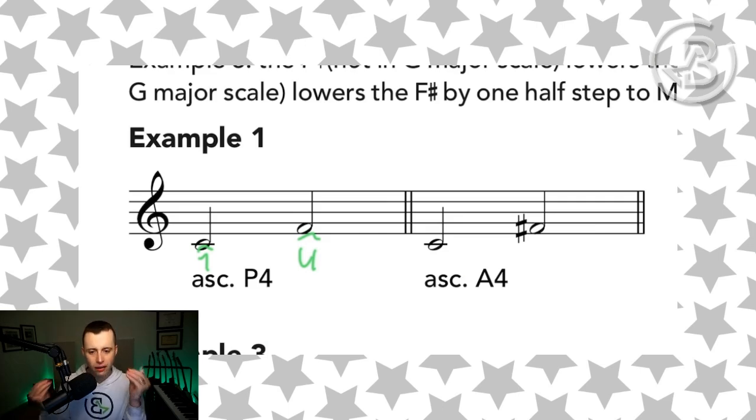Think about it. We're taking a fourth and making it larger by a half step, which means it's going to be augmented. So you don't even have to count whole and half steps there. You just use a little bit of logical thinking: we have a perfect fourth, we make it larger by a half step, and it becomes an augmented fourth. We're going to do 3 more examples like this.